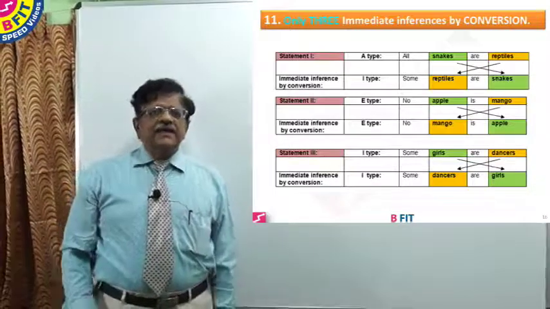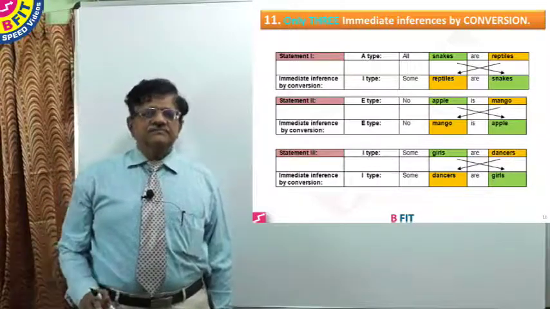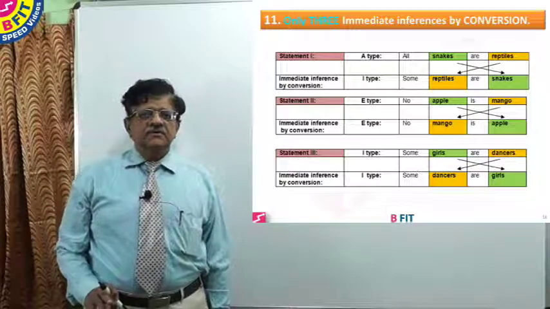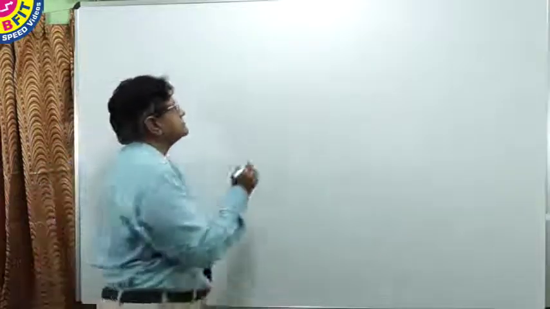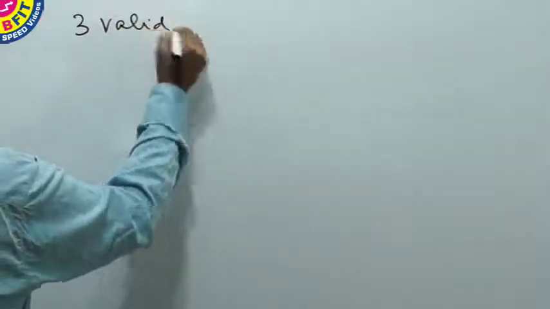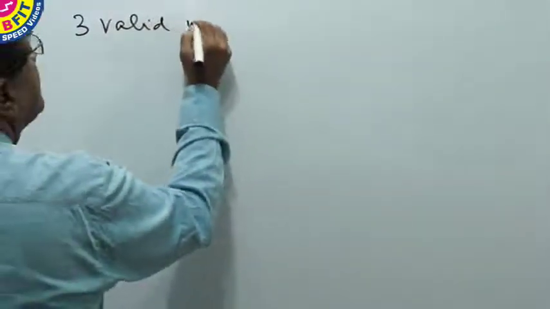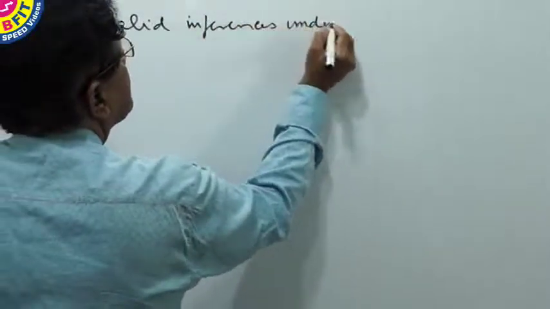There are only 3 valid inferences under conversion. We will see the working. Three valid inferences under conversion.